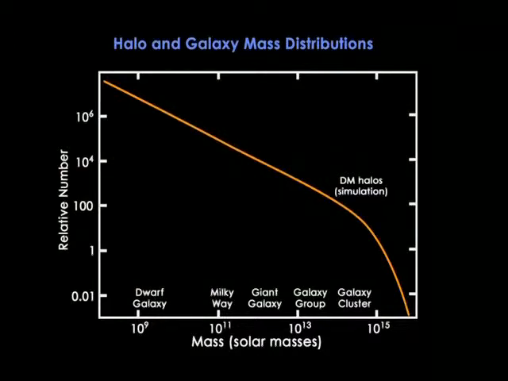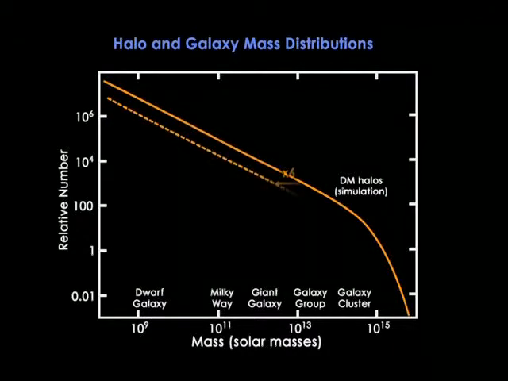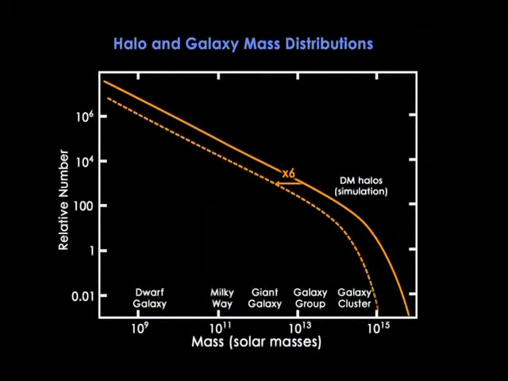Now, allowing for atomic matter being 6 times lighter than dark matter, we might expect a galaxy mass distribution like this. So what's the real observed galaxy mass distribution? Are you ready? Here it is.